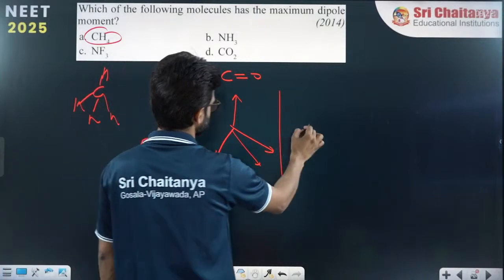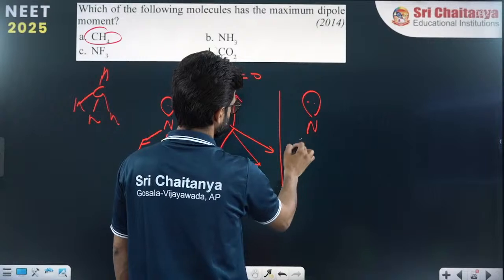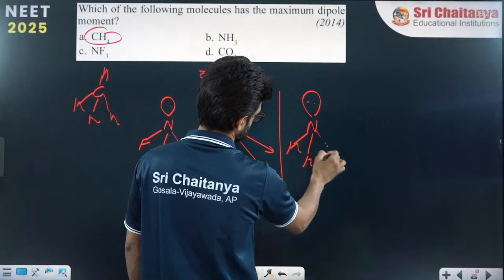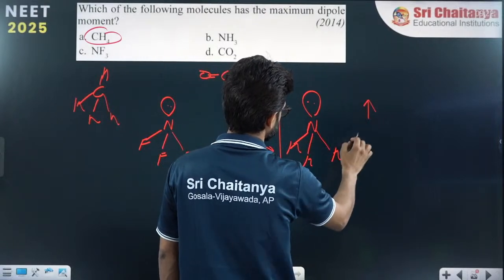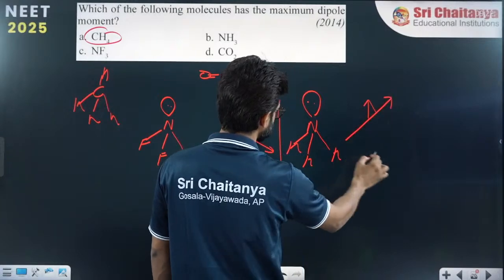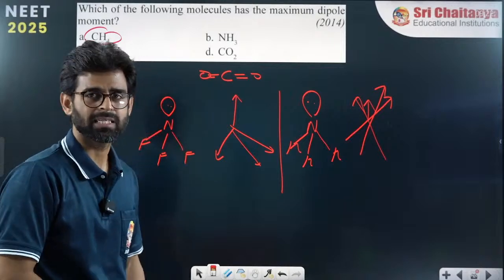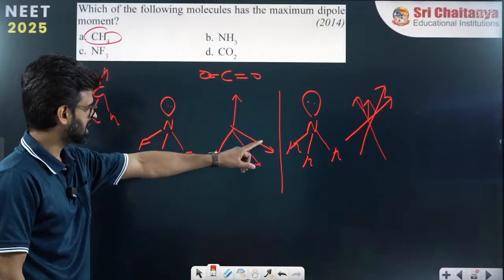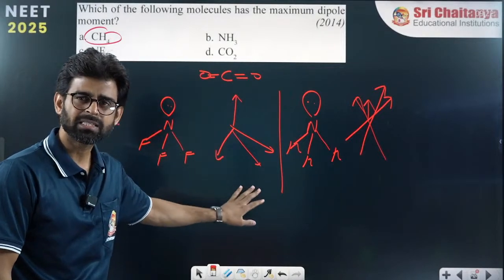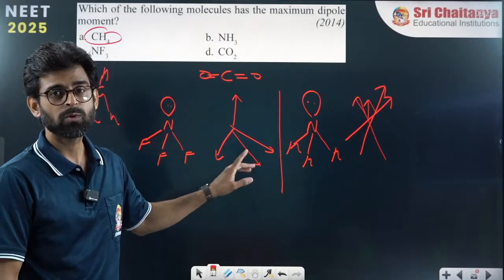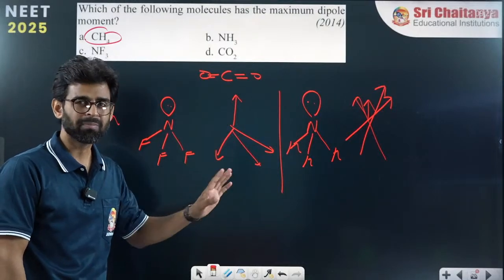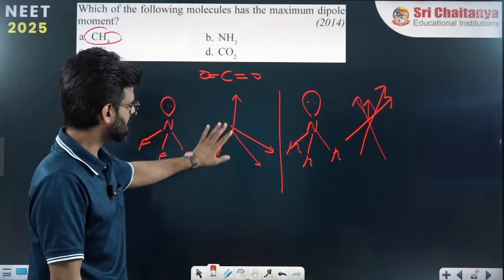Whereas in NH3, the lone pair is pulling upside, here N is pulling, N is pulling, N is pulling. So net cancellation chances are less here. Because of the proper directions in NF3, somewhat cancellation chances are there. I am not saying it is non-polar. Complete cancellation is not there, but somewhat cancellation is going on.